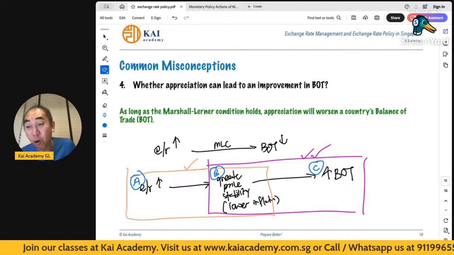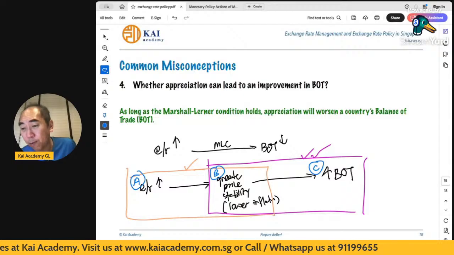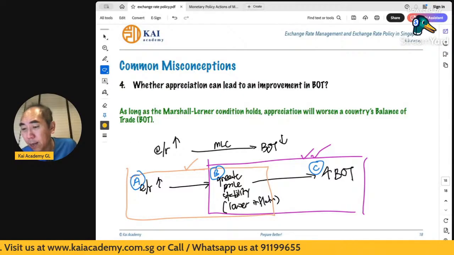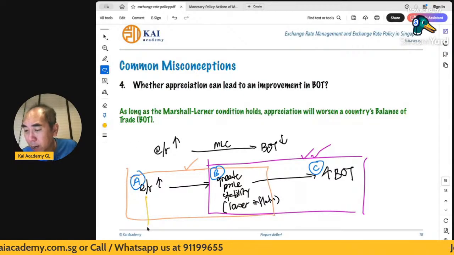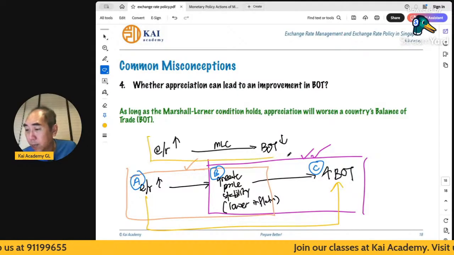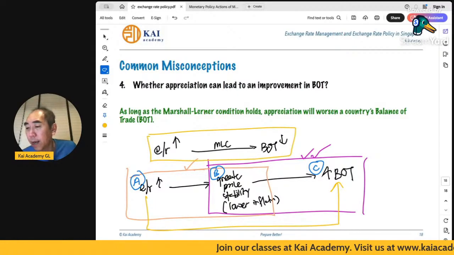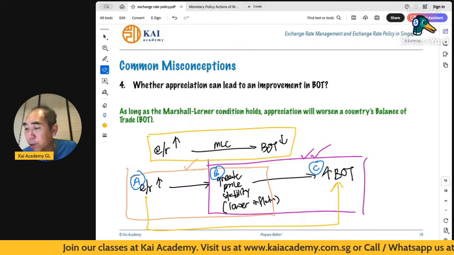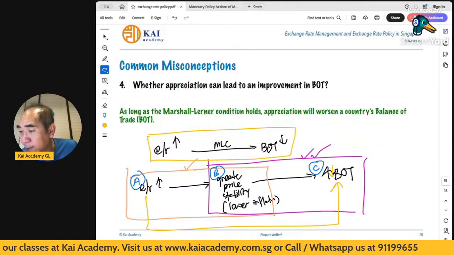Well, that would be correct, except we have to remember that there's another link that we didn't consider. A itself affects C, right? As we know, this effect is true as well. It will worsen C as well. So when exchange rate appreciates, balance of trade worsens.